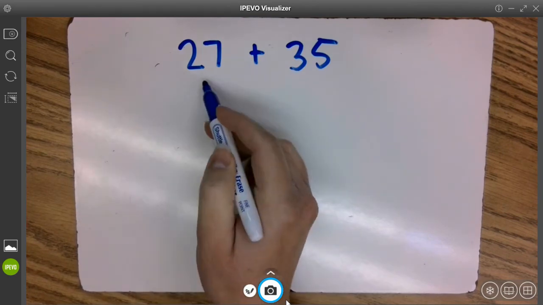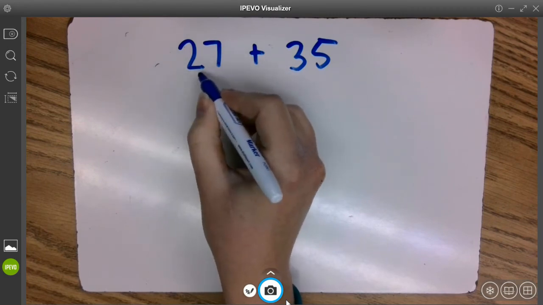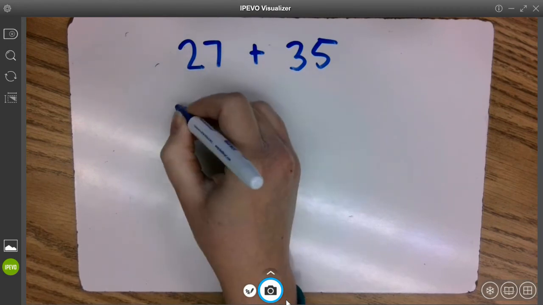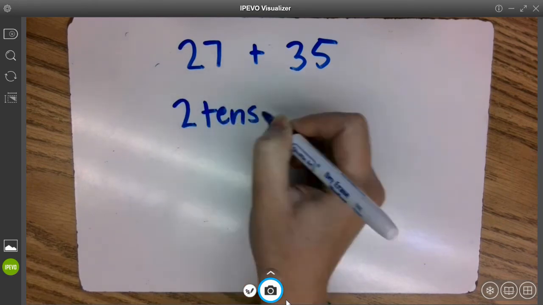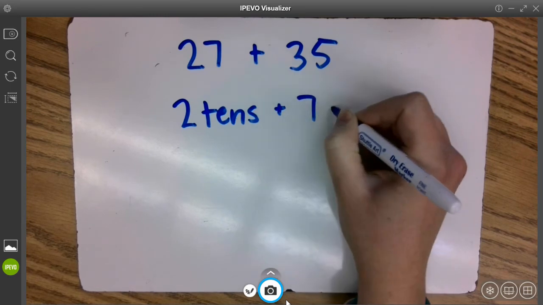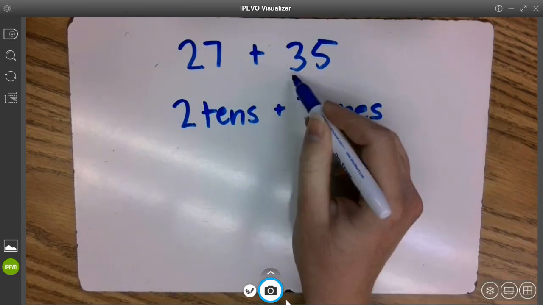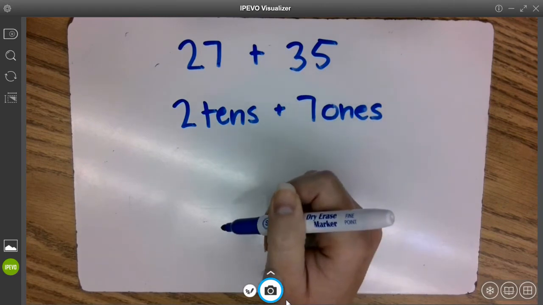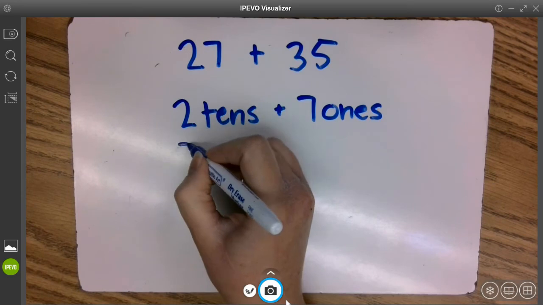I have tens and ones. 27 means 2 groups of 10, 7 ones. So 2 tens and 7 ones. Okay. 35 means 3 groups of 10 and 5 ones.